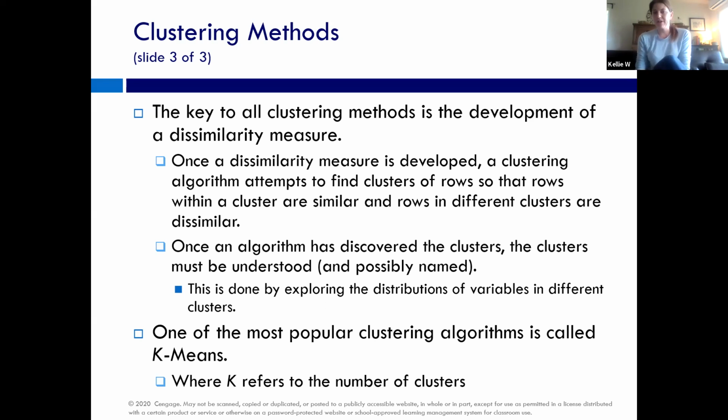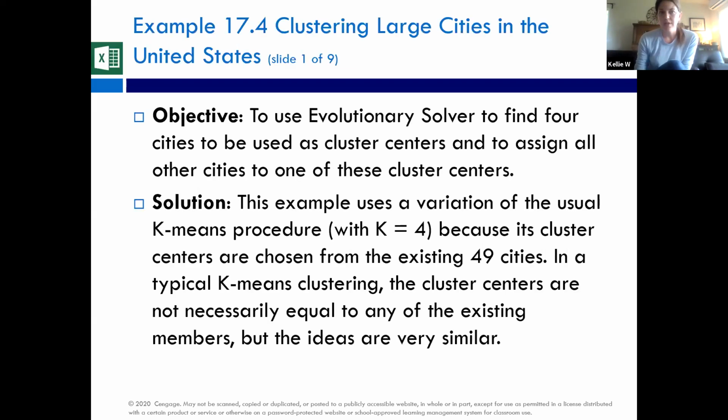A very popular clustering algorithm is k-means clustering, and k refers to the number of clusters. The book uses a tool called Evolutionary Solver to find 4 cities to be used as cluster centers, and then it assigns all the other cities to one of those centers. So we're setting k to 4, and there are 49 cities.